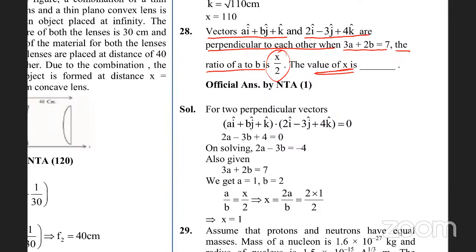So I think you know that when the two vectors are perpendicular, then a dot b is 0. From that, you will get 2a minus 3b is minus 4, and also given as 3a plus 2b is 7. Solving for a and b, you will get a by b as 1. So x value is 1.